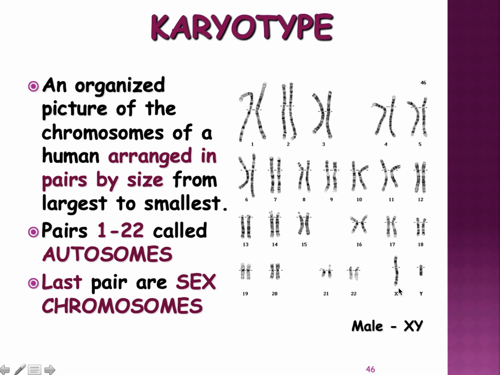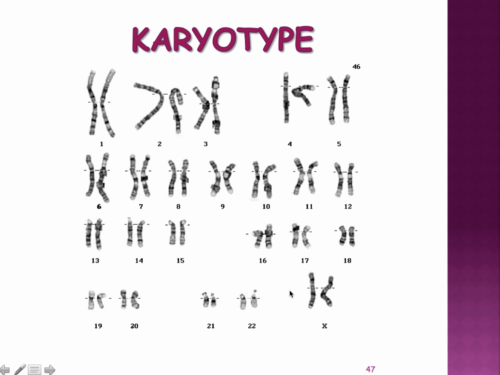The last pair are sex chromosomes, and hopefully you're able to figure out that in this particular karyotype, this is a male because you see the X chromosome and you also see the Y chromosome. Okay, and then in this case, you can see they're both X, so hopefully you're able to figure out that that is a female.